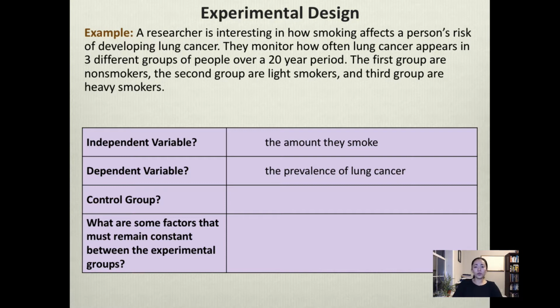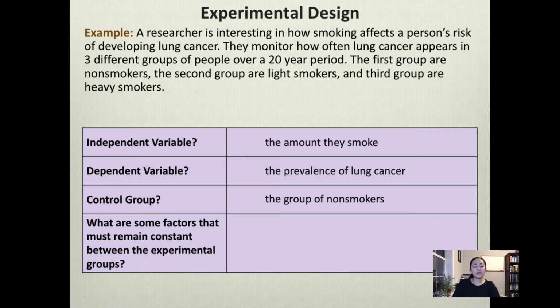The control group, do we have a control in this case? Well, we do have a group where the independent variable is eliminated, and that is the group of non-smokers. So that's our control group. So we want to know, well, how often does lung cancer appear in non-smokers? And to see if it really is greater in individuals that smoke.